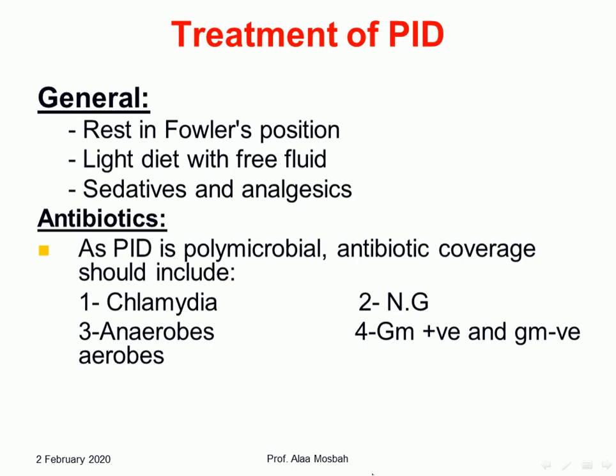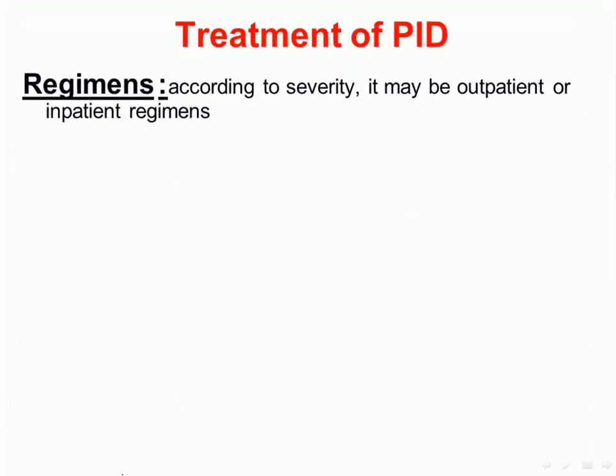As PID is polymicrobial, antibiotics should cover chlamydia, Neisseria gonorrhoeae, anaerobes, gram-positive and gram-negative aerobes. So I need a combination of antibiotics to cover all these. So the regimen will depend on the severity, and it may be an outpatient treatment or inpatient regimen.